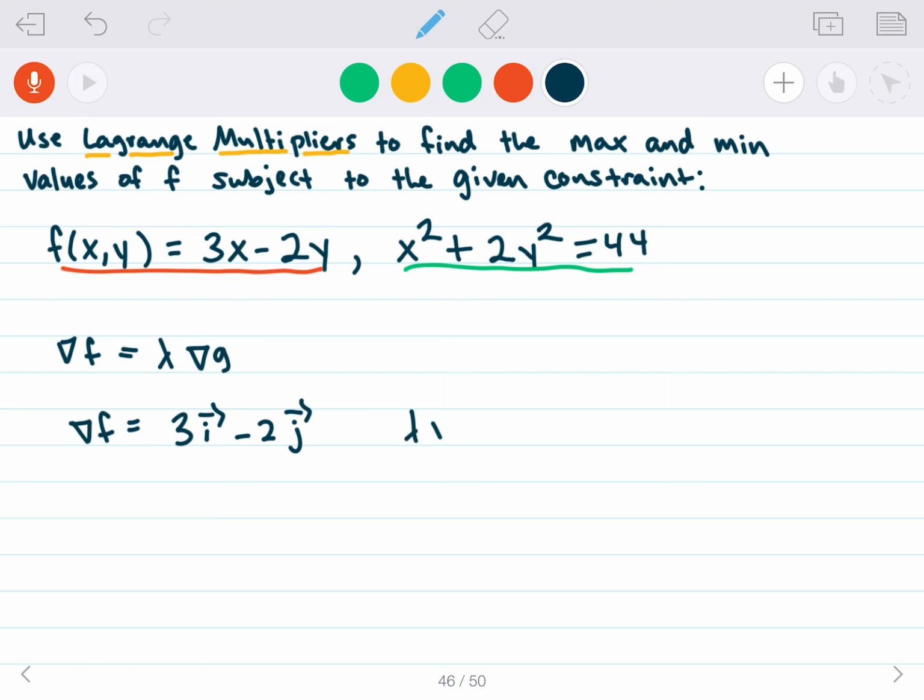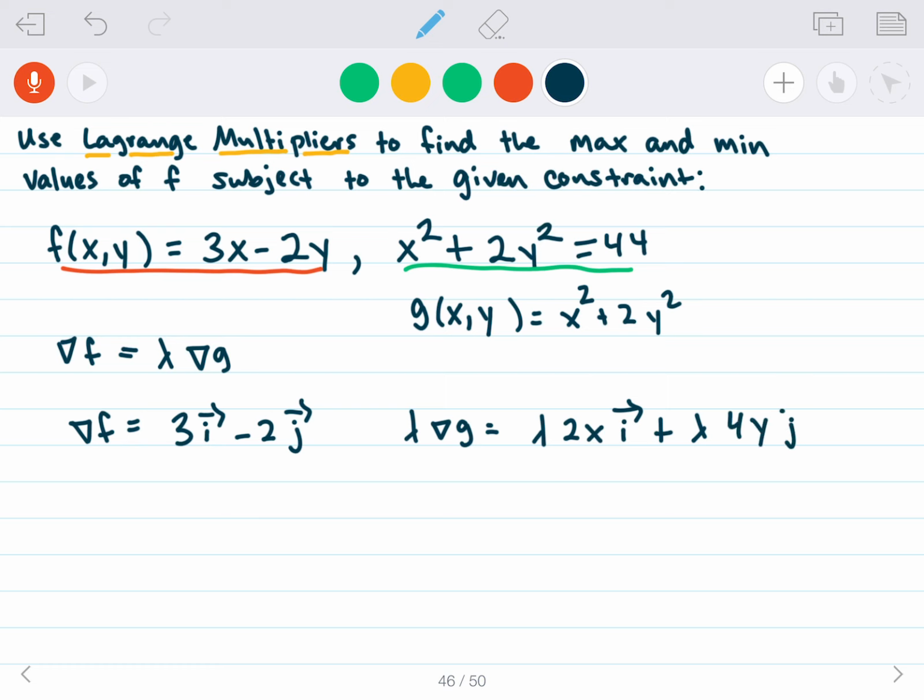And lambda gradient g: this is a level curve, because we have this constant at the end. But if I think of this as a surface in its own right, it's g of x, y equals x squared plus 2y squared. And so the gradient is going to be 2x i plus 4y j.